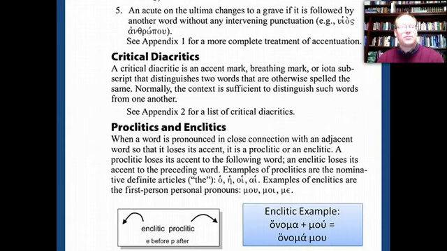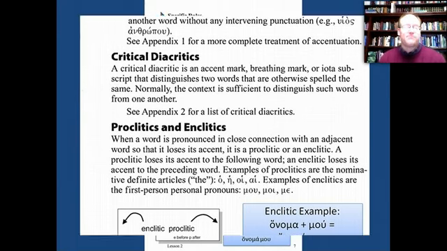The accent of the mu shifted back to the last syllable of onoma, which is why in the Lord's Prayer, may your name be sanctified, agiastheto to onomasu, instead of onomasu. Su is an enclitic and loses its accent to the last syllable of onoma. So agiastheto to onomasu. And that's all there is to proclitics and enclitics.